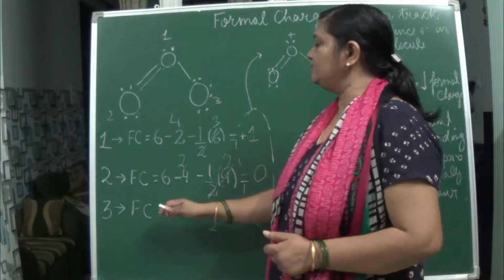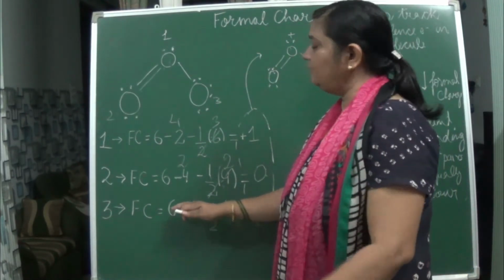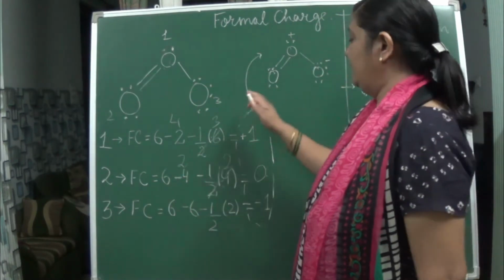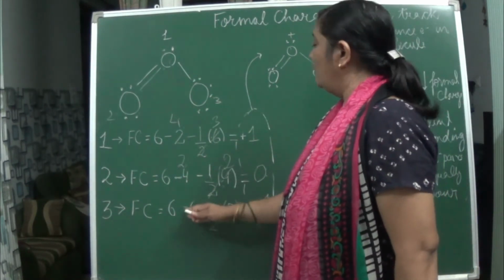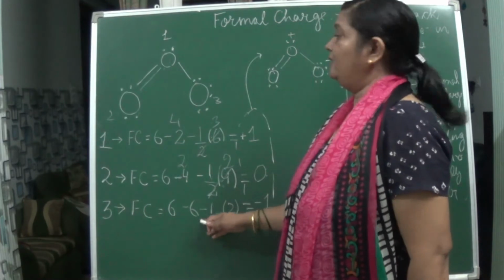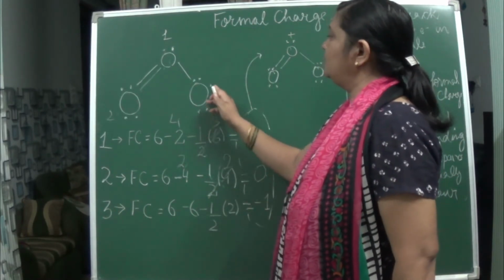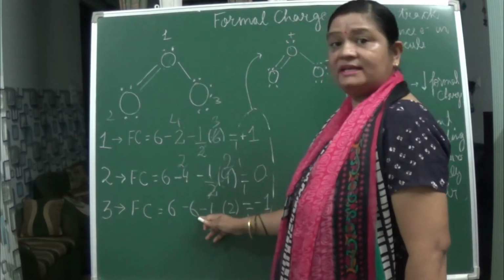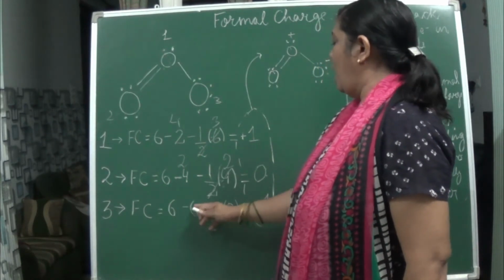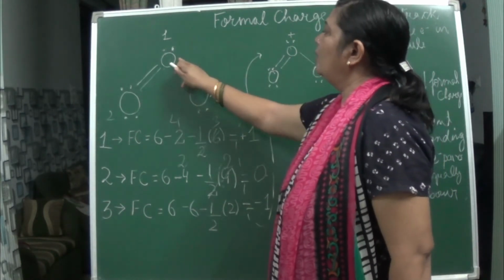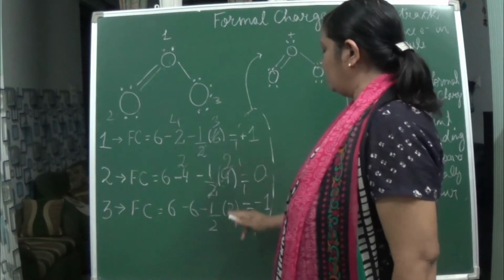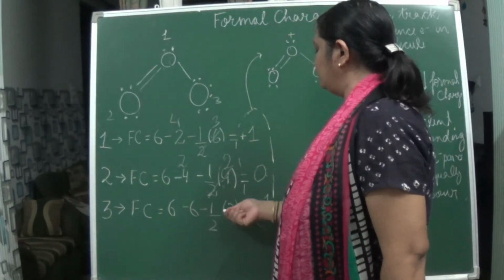Coming to the third oxygen atom, here to calculate the formal charge, how many valence electrons in oxygen? It is 6, isn't it? 6 minus the lone pair electrons. How many? 1, 2, 3, 4, 5, 6. Then 6 minus, how many shared electrons are there? 1, 2. So simplify it.